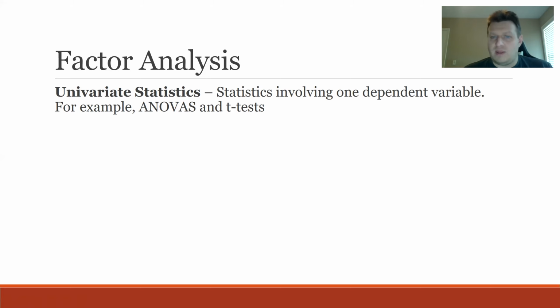Some examples of univariate statistics, if you have had quantitative methods, or the statistics class that's taught by the math department, are things like analysis of variance and t-tests. In all of these, we're looking at a single dependent measure.